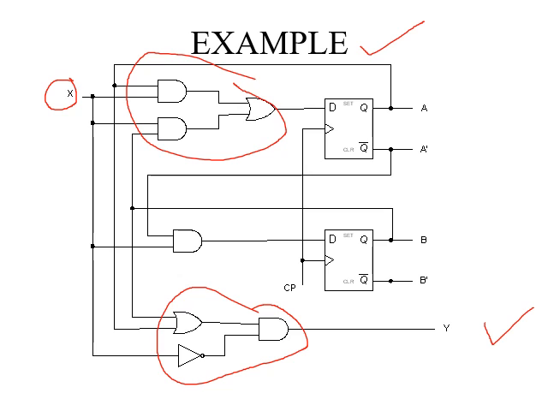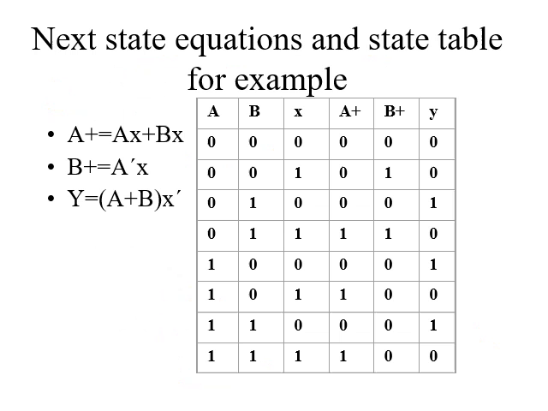So these are used to define how the next state will change and how the output will change as per the input and the previous state. This is the way the state table is represented. So let's understand this. Here A and B are the present states. A plus and B plus are denoting the next state values. Plus means when the clock signal comes, after that how it is going to change.